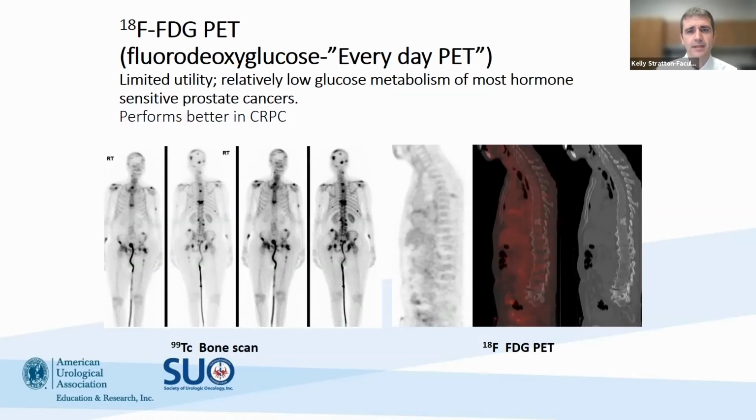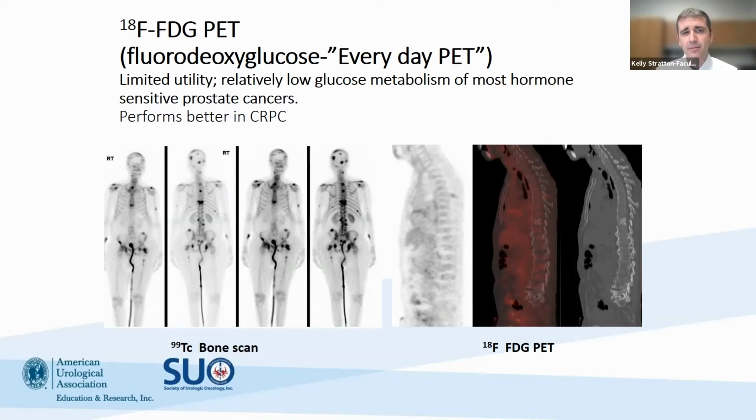When we speak of these next generation imaging and PET imaging, we are not talking about FDG PET. That's the everyday PET that oftentimes is used by medical oncologists. FDG PET has limited utility in prostate cancer patients because of relatively low glucose metabolism.